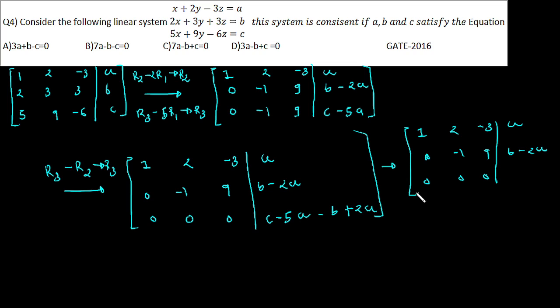So here we are simply getting 2A minus 6B minus C. Now they are asking about the condition on A, B, and C that must be satisfied such that this system is consistent.